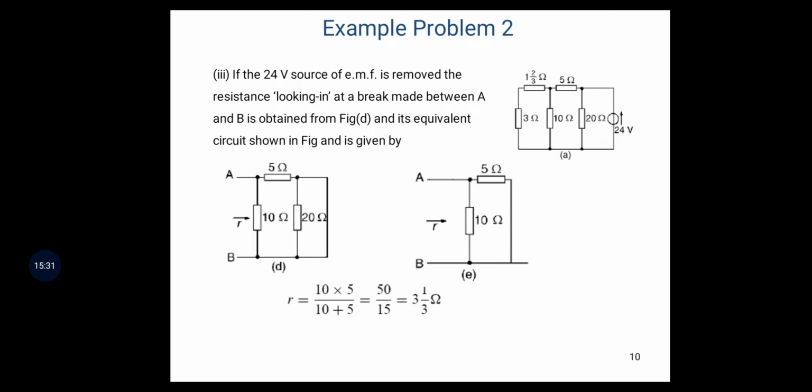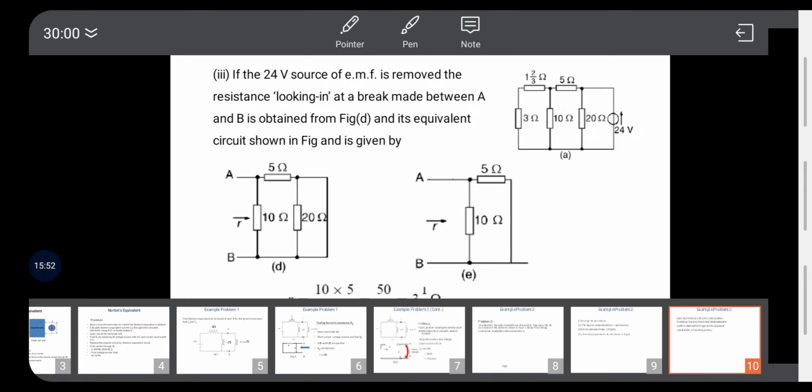So here In and Rn are solved. In and Rn are called Norton's equivalent. In is Norton's equivalent current, and Rn is Norton's equivalent resistance.